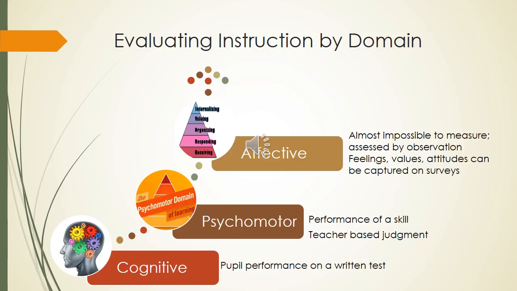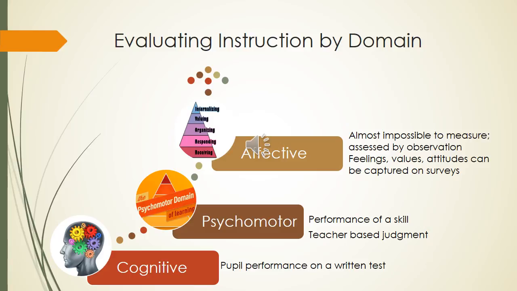This is almost never done, but evaluating students, or evaluating instruction, I should say, based on the domains that are covered is an interesting way of looking at student performance. Affective is probably the most impossible one to measure. It's almost impossible to measure.